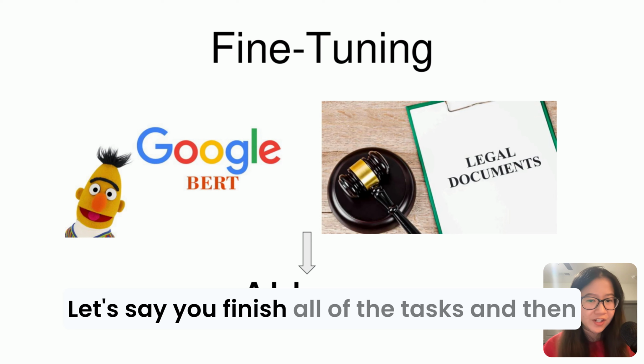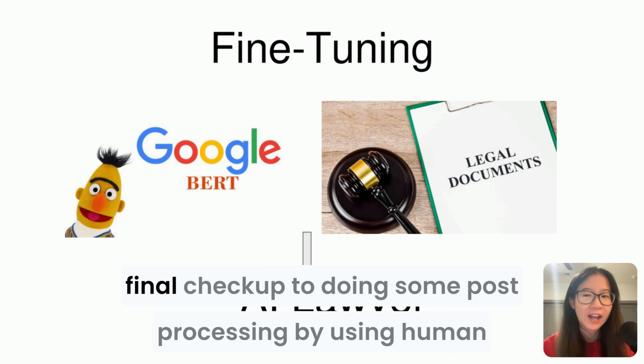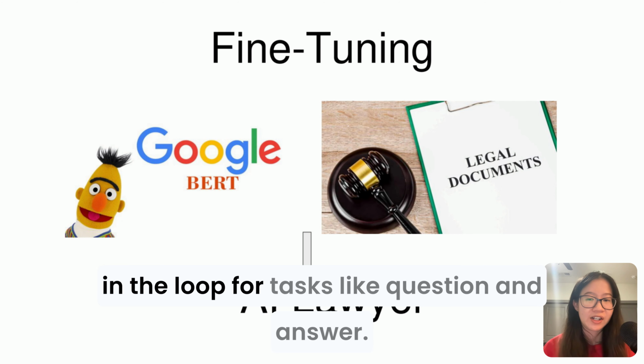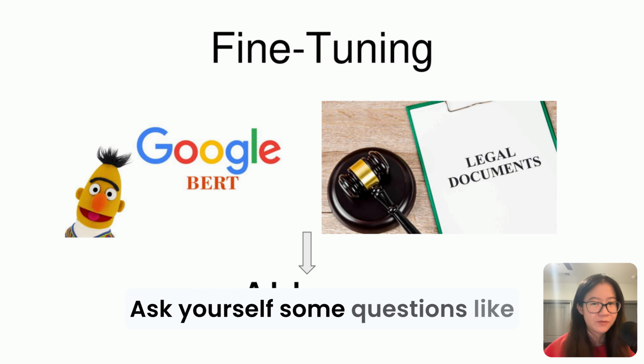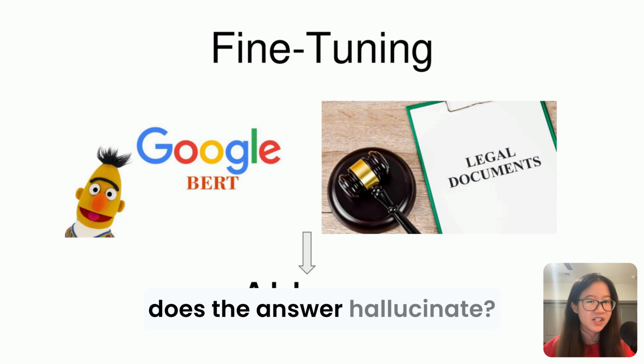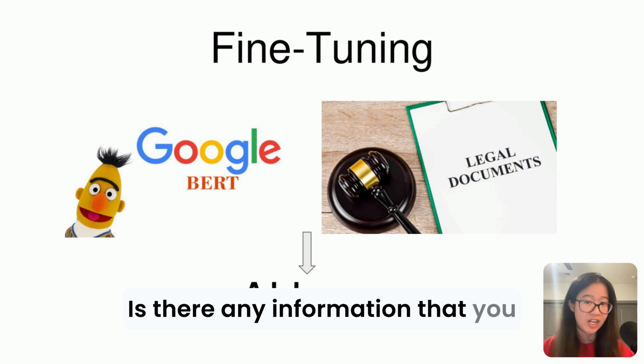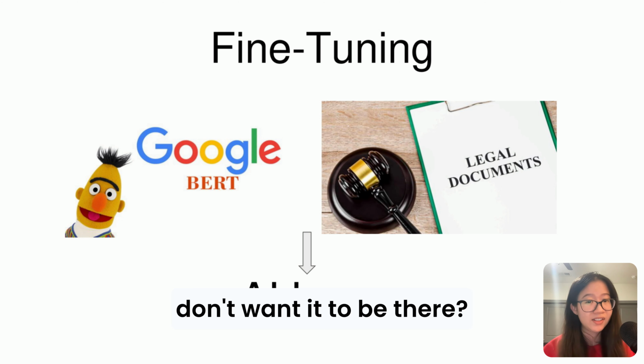Let's say you finish all of those tasks and then the final checkup is doing some post processing by using human in the loop for tasks like question and answer. Ask yourself some questions like, does the answer hallucinate? Is there any information that you don't want to be there?